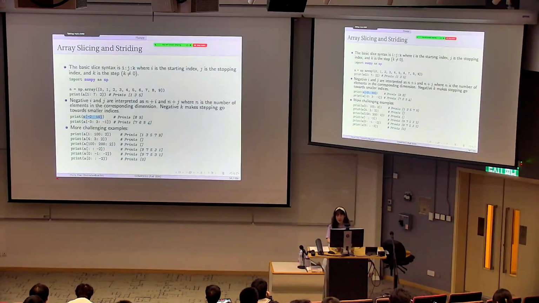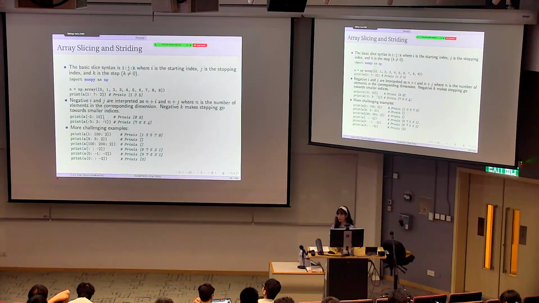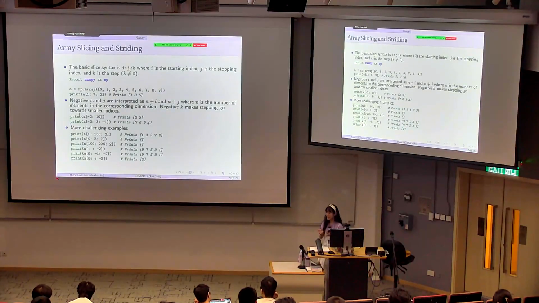Because A[-2] is the second last element, or actually it is n plus i, where n, the number of elements, is 10 here and i is -2. So basically A[-2] is A8, the second last. And to A10, of course, 10 is not inclusive, so it can only go to A9. That's why it prints 8, 9.